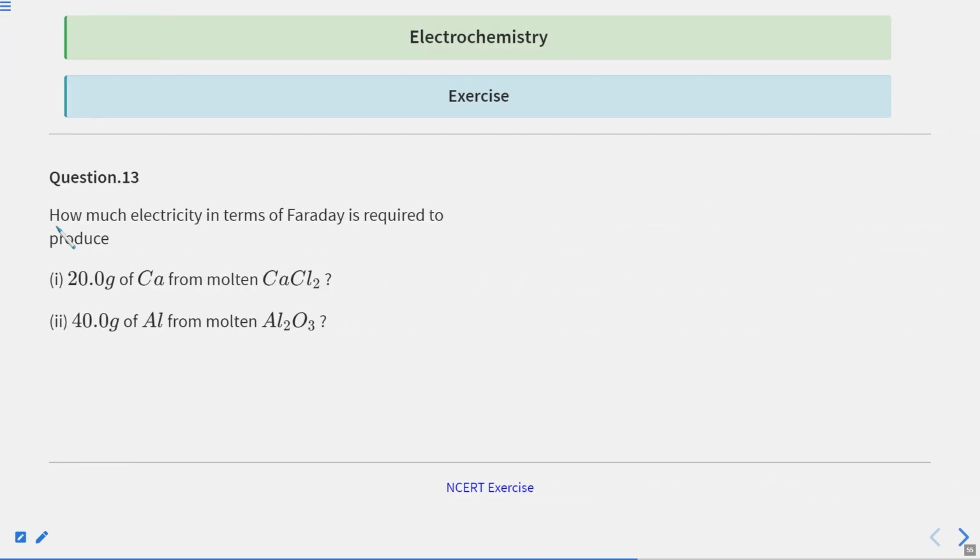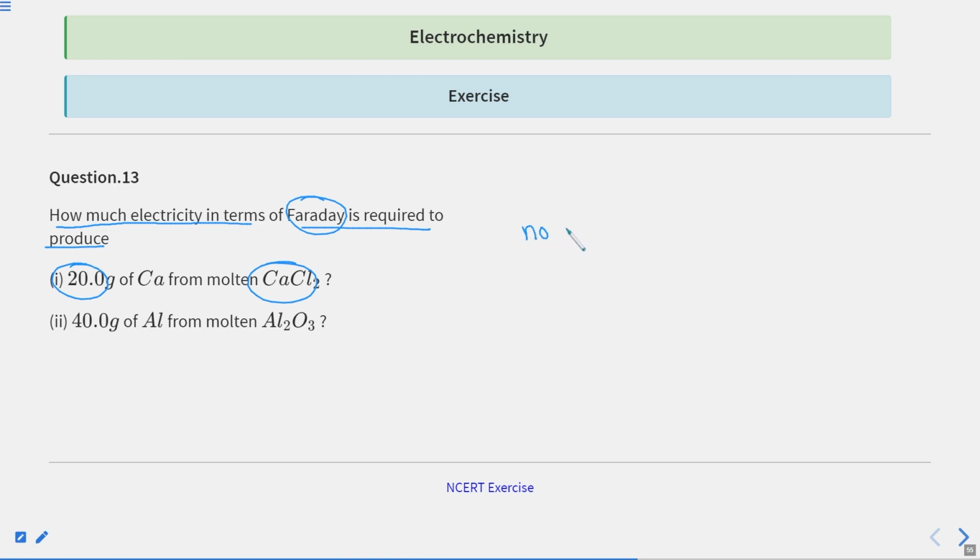Next is how much electricity in terms of Faraday. So in this case, you have to find it in terms of Faraday. From Ca to CaCl2. Very simple. First find the number of moles, and then just multiply it with the N factor, you will get the final value. The molar mass of calcium is 40.